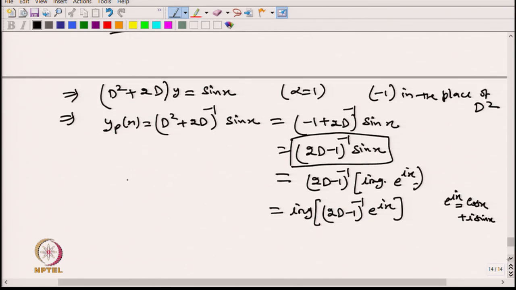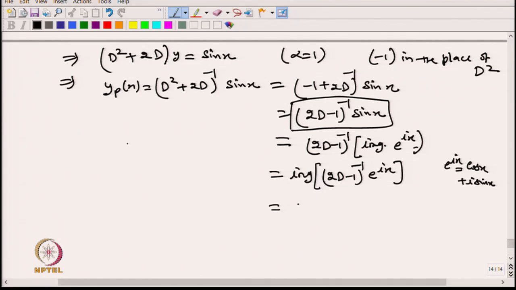Now, this I have already done previously: whenever the function f(x) on the right hand side is exponential, then this becomes 1 over, and in the D I am putting i. So, it becomes 1 over 2i minus 1 into e^(ix). So, from here I get the imaginary part of 1 over 2i minus 1.